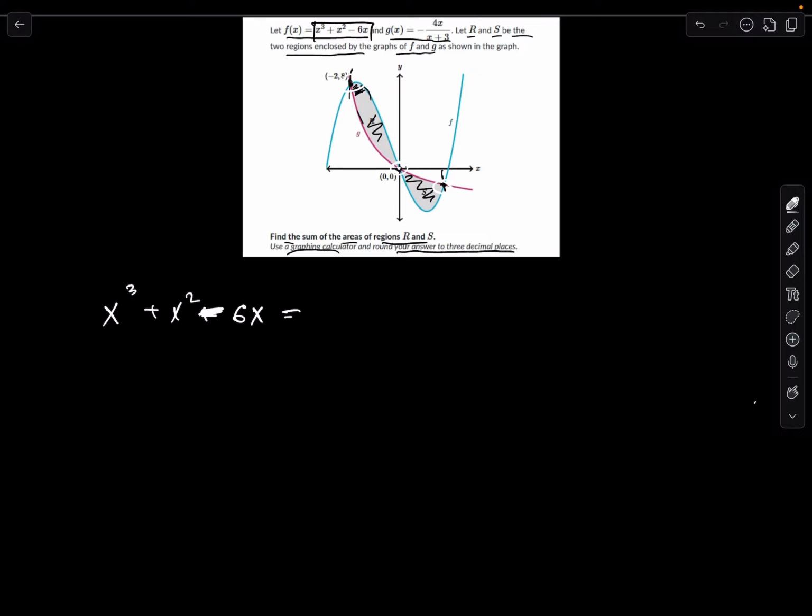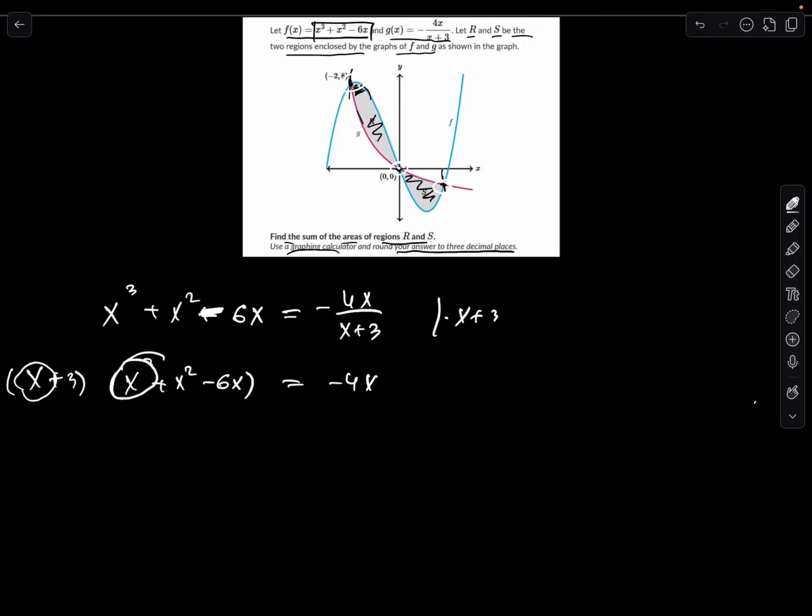So f of x is x cubed plus x squared minus 6x. This should be equal to -4x over x plus 3. So you multiply by x plus 3, and you get the fourth power, and then you have cubes, and you have squares.